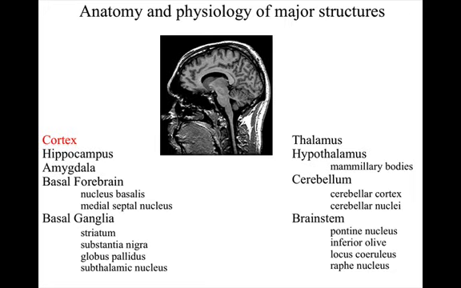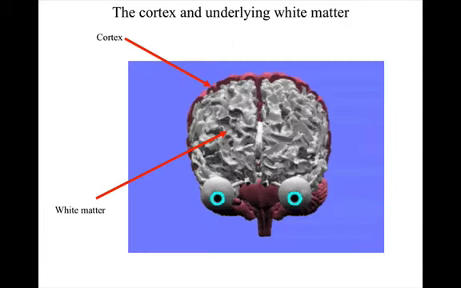So we'll begin with the most visually obvious structure, the cortex. The cortex is this thin sheet of neurons, 2 or 3 millimeters thick, wrapped around a large volume that's mostly the axons of cortical neurons. Now, over 99.5% of these axons just connect between different cortical neurons, and a very small proportion go to other anatomical structures.